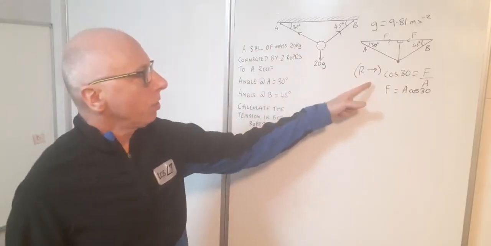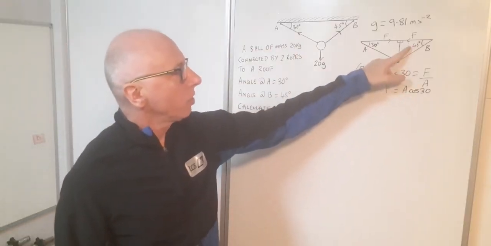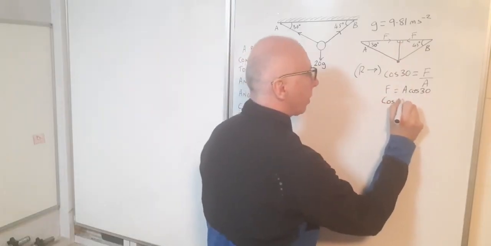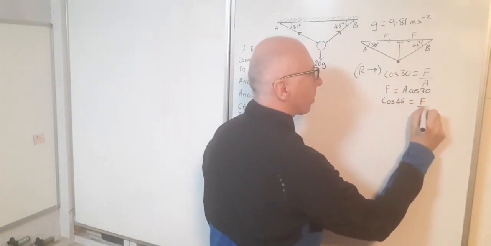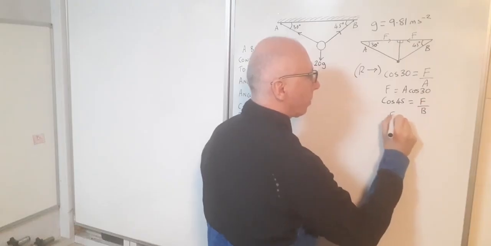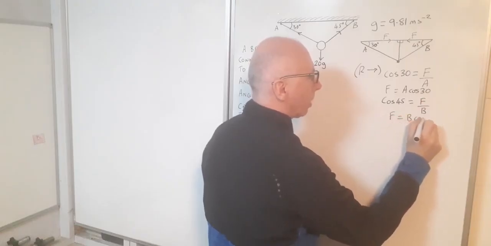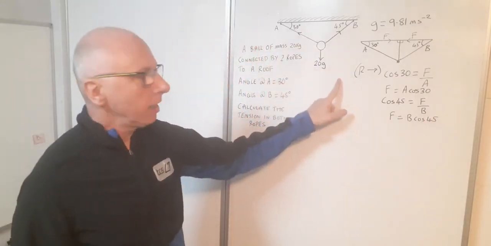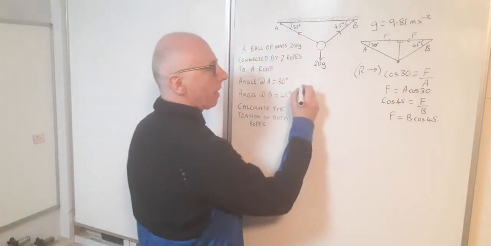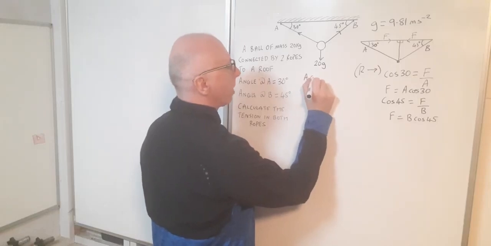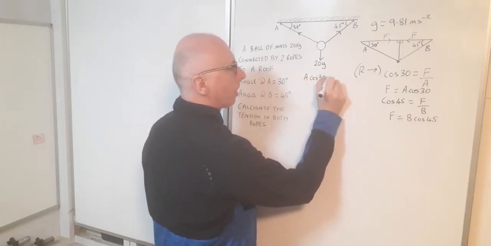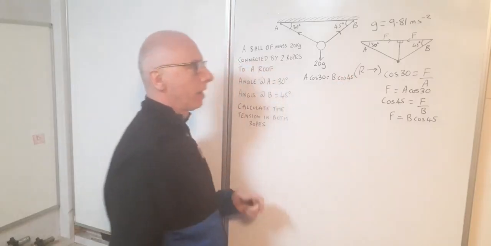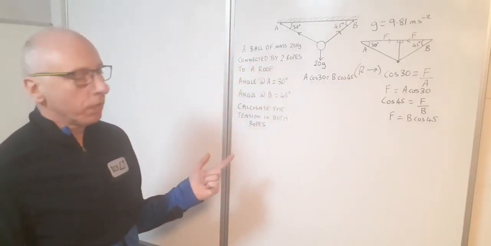And then the other force, which will be equal to that, I'll just do the same on this triangle, in which case I just have cosine 45 equals force over B, in which case force equals B cosine 45. So then I can write these up here as they are equal to each other. So I've got A cosine 30 equals B cosine 45. And that works for my horizontal forces.